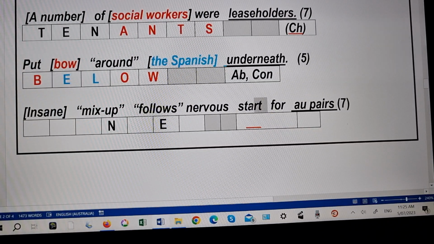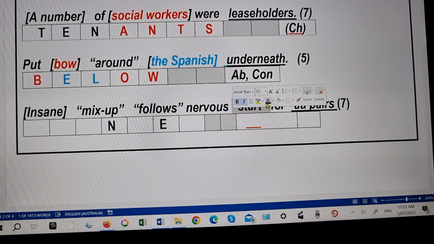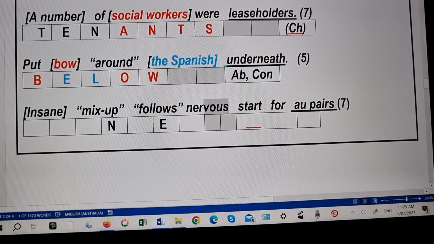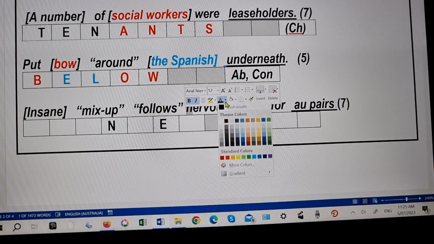Acronym, what does that mean? Well, it means that you're looking at the very first letter of a word, and the very first letter of nervous is N. I reckon that's going to come into it.